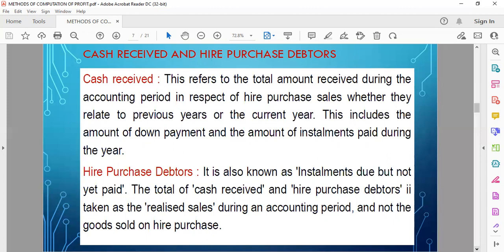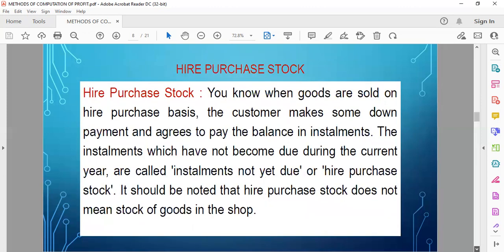Next, we can see the hire purchase debtors. The hire purchase debtors are the installments due but not yet paid. The total of cash received and hire purchase debtors is taken as the realized sales during an accounting period, and not the goods sold on hire purchase.